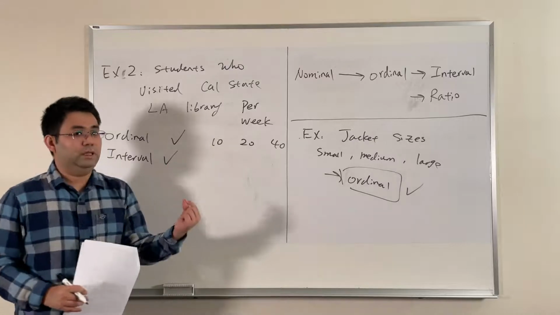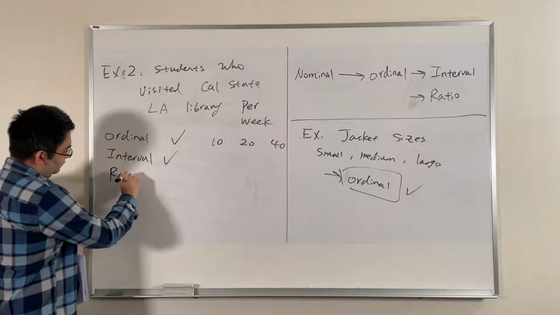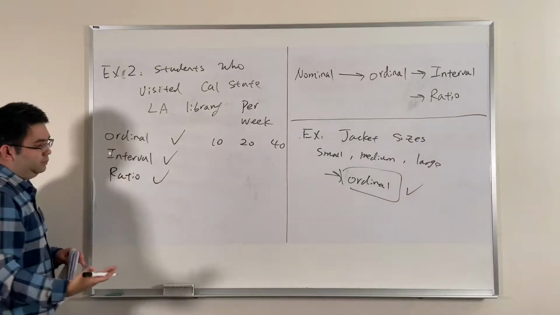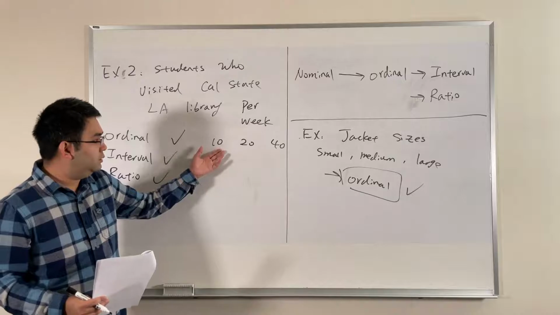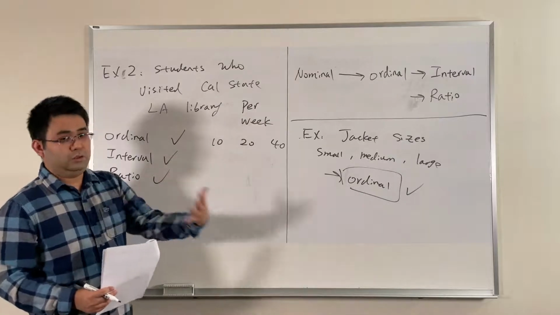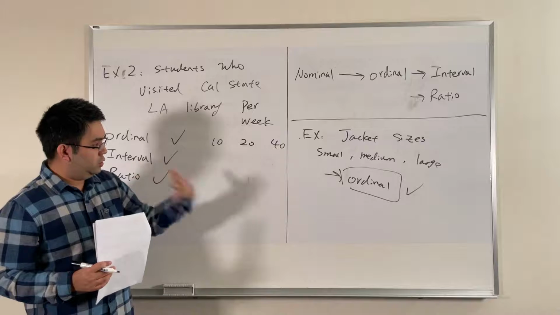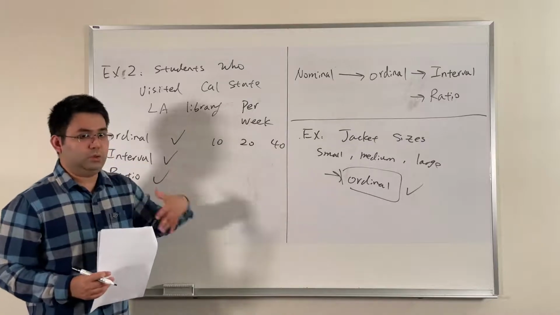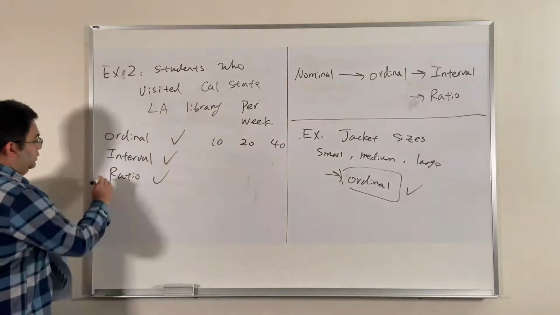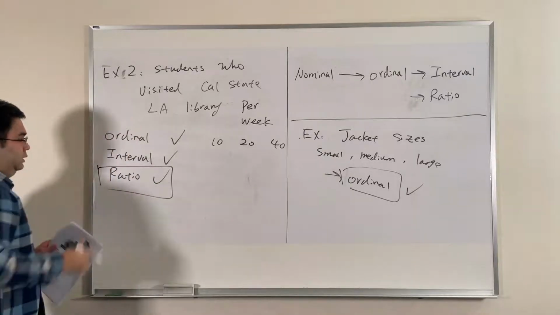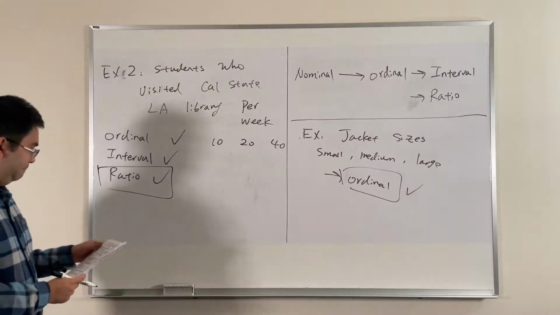So the difference has meaning. Check. Is it ratio? Yes, it's ratio, because 20 divided by 10 gives you the fraction of 2. That means week 2 has 2 times, or double, the students of week 1. So it's a ratio variable. Okay, cool.